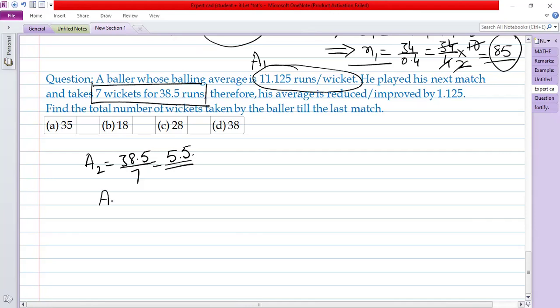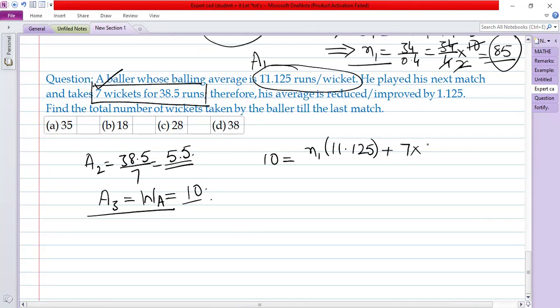Obviously, what is the A3 or the weighted average? A3, the third average, or we can say the weighted average, or the combined average of all the matches. That will be nothing but 10. So now this 10 will be equal to N1 into 11.125 plus N2, what is N2? That we know, 7 number of wickets taken in the last match, into 5.5, and divide by N1 plus 7.